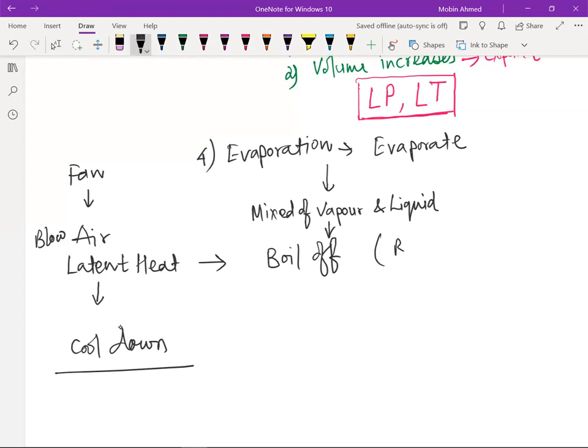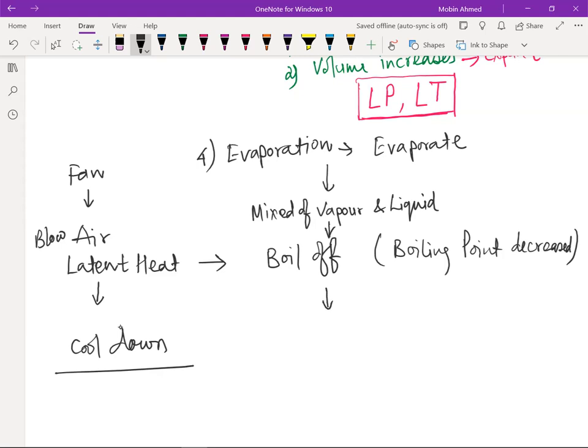So the boiling point is decreased. Now, when the boiling point is decreased, it is going to boil off in the low pressure. Okay.